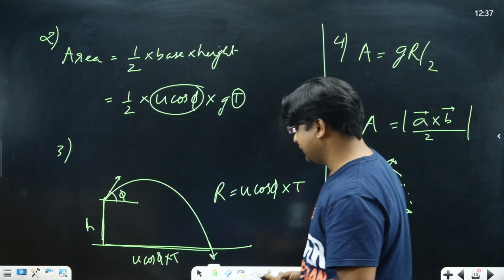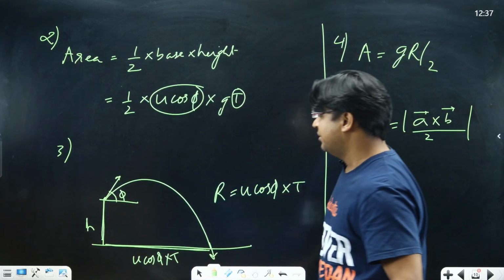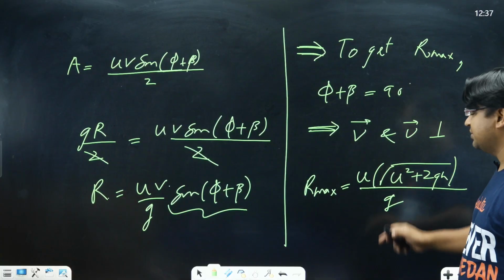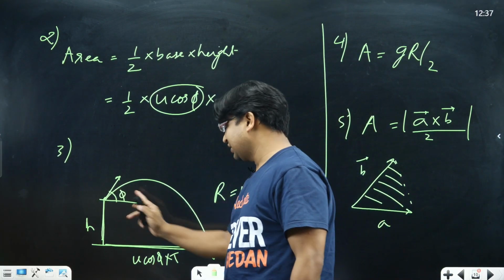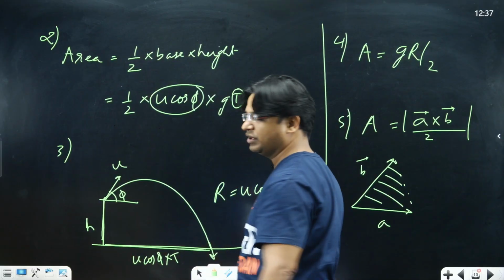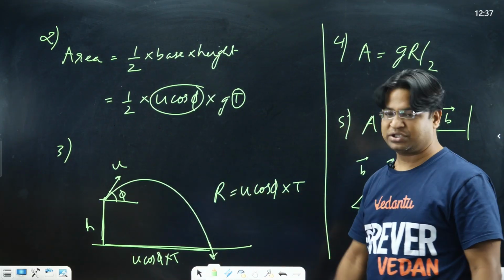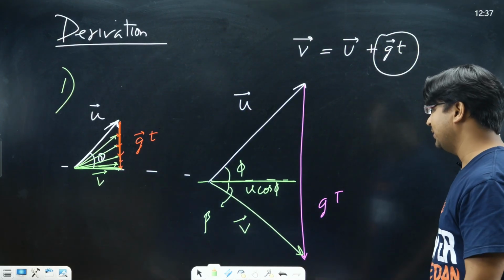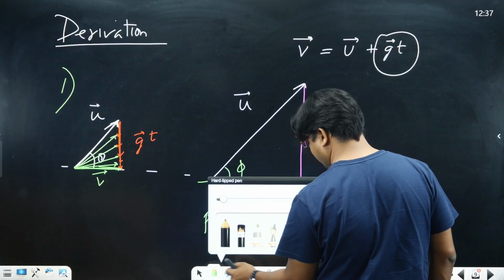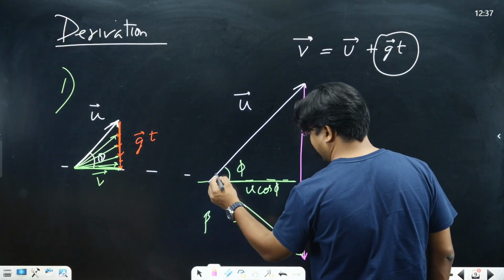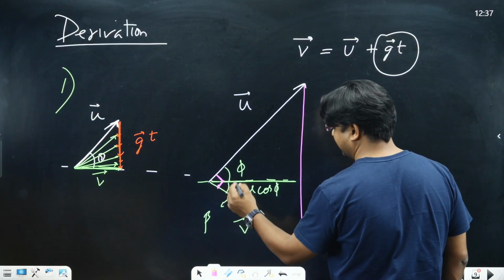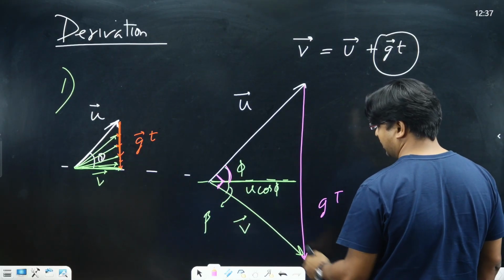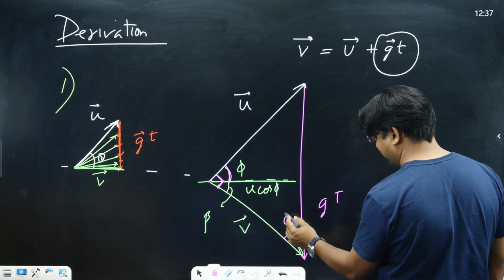We have now proved that this distance is maximum, the maximum value of this is this much, and it happens when u vector becomes perpendicular to v vector. Like, we choose an angle of projection such that u and v become perpendicular. And if I go back here, we have just concluded that this angle needs to be 90 degree, and this is phi, then this will become 90 minus phi, so this will again become phi.